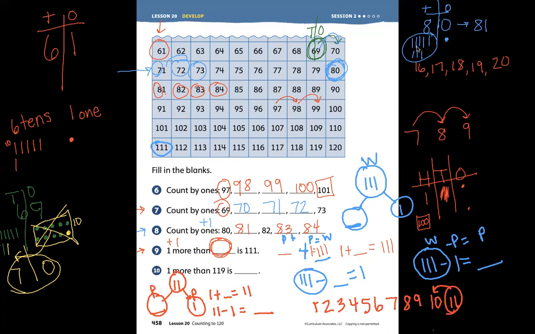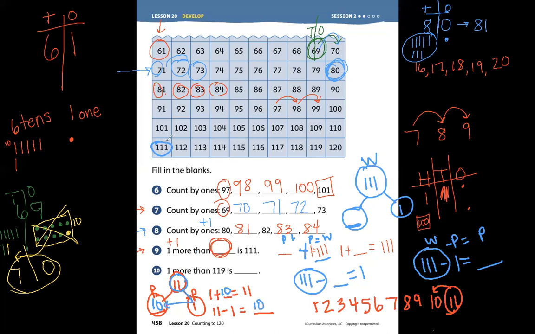So if I have 10 there, does 10 plus 1 more equal 11? Yeah, 10, count on, 11. So 1 plus 10 is 11. 11 minus 1, 11, take away 1 is 10.